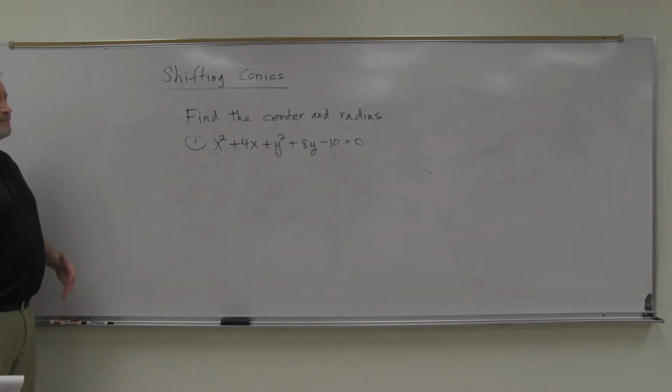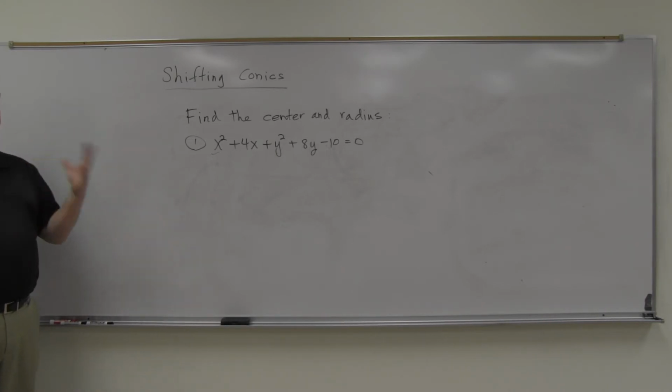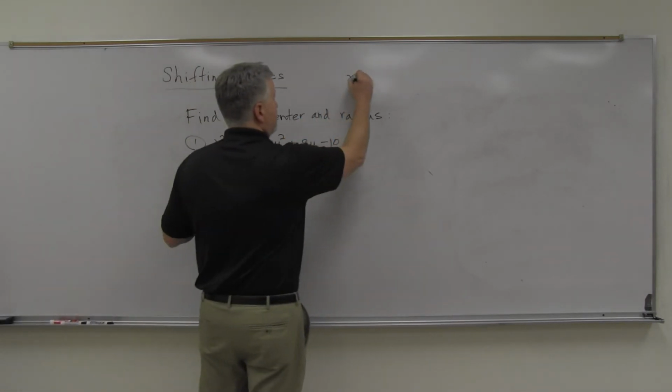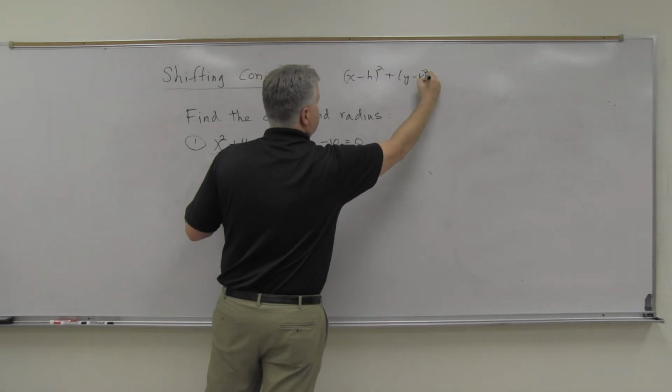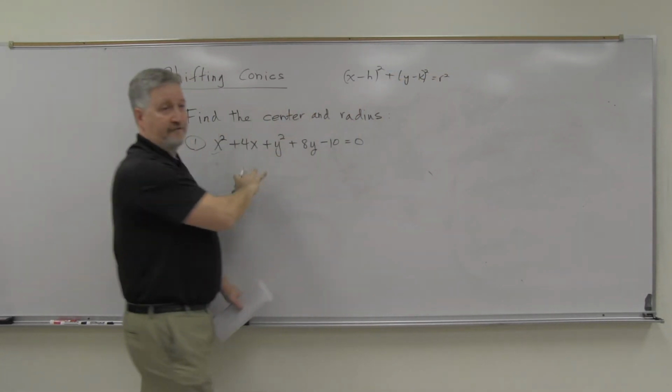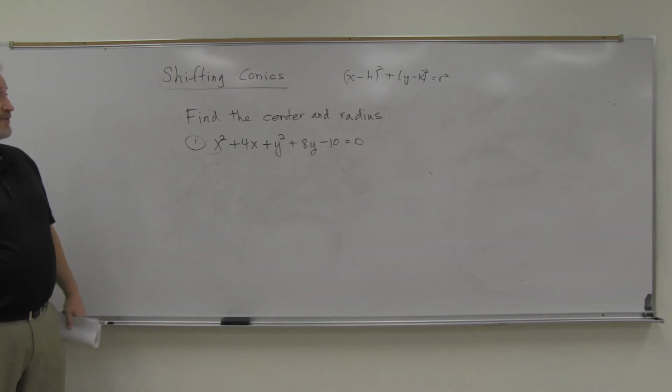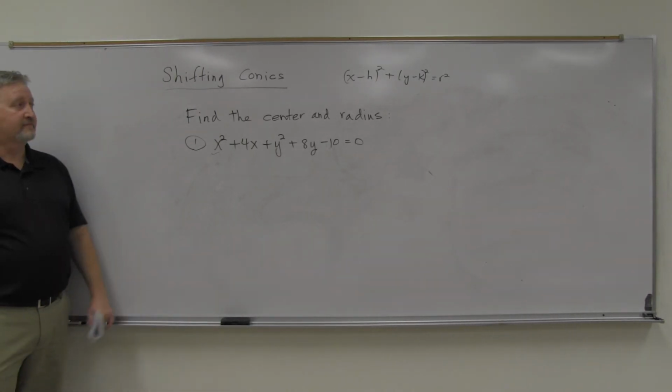But obviously I need it in a better format, the center and radius format: x minus h squared plus y minus k squared equals r squared.